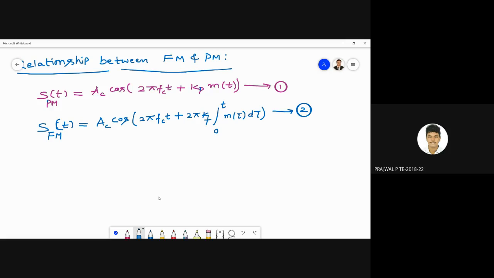What about 2 pi KF and Kp? That is constant only. This is the phase sensitivity and that is the frequency sensitivity. It's a constant. Correct. So if I replace m of t in equation 1 by the integral from 0 to t of m of tau d tau, can I say this PM changes into FM?